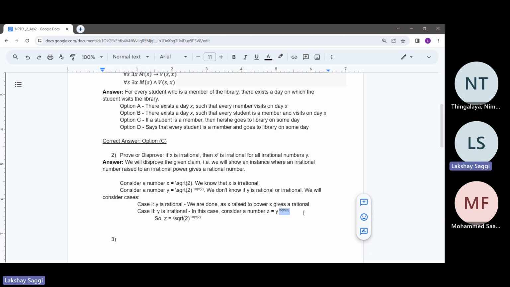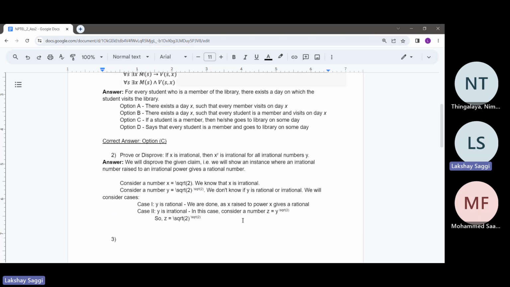So we know that if we raise this number to another power, then by the rules of power raising of rational numbers, a number x raised to the power a and whole raised to the power b will actually be equal to x raised to the power ab, right?